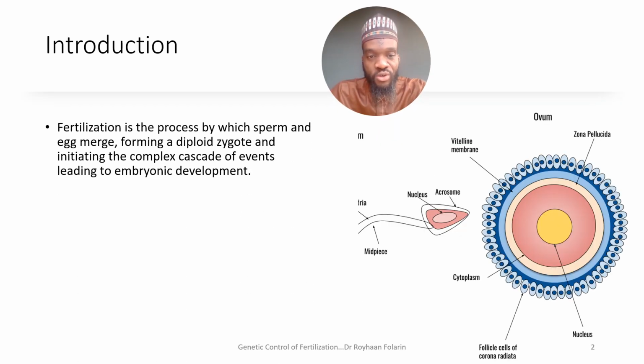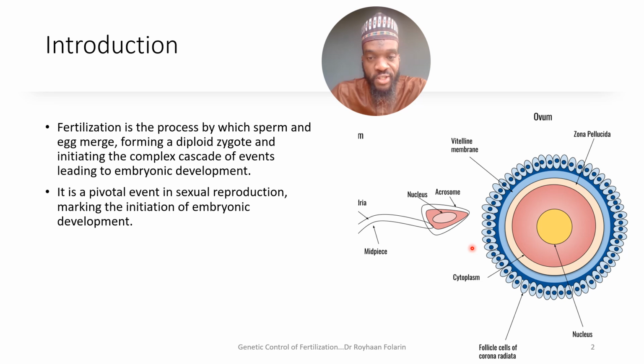So, by way of introduction, fertilization is the process by which the sperm and the egg merge, forming a diploid zygote, and thus initiating a complex cascade of events that lead to embryonic development at the end of the day. This is a process that is very pivotal in sexual reproduction, and it marks the initiation of embryonic development.